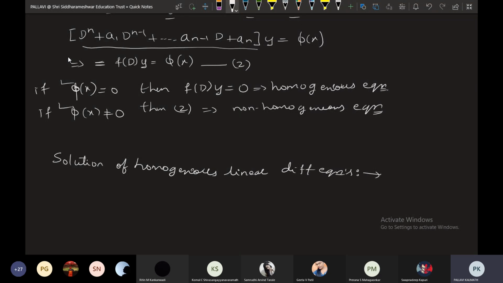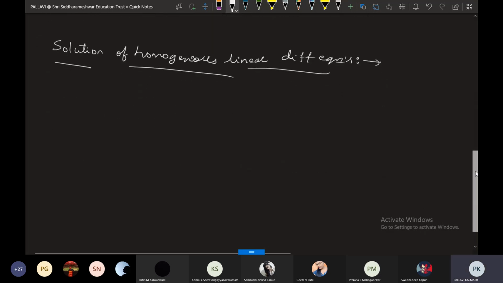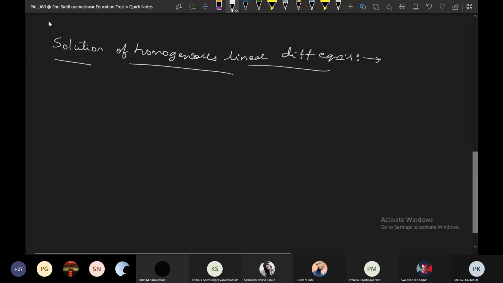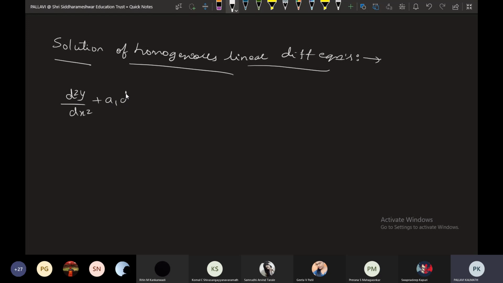So write down, consider d square y upon dx square plus a1 dy by dx plus a2y equals to 0.